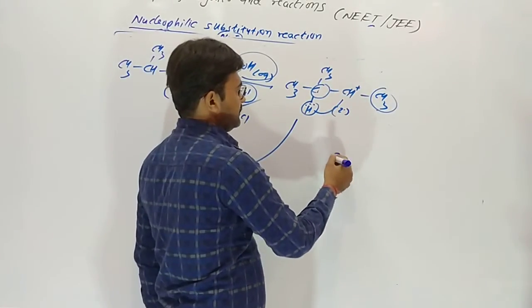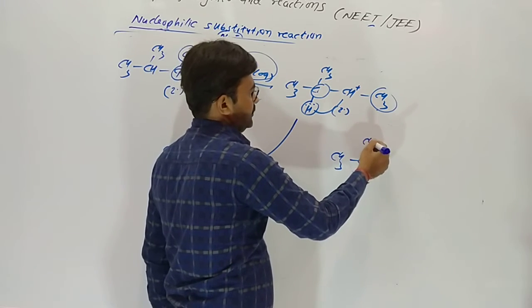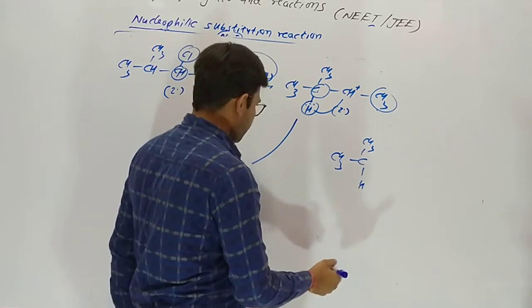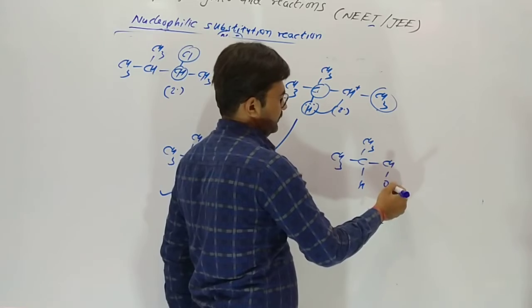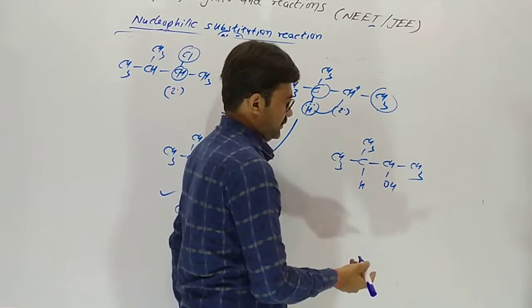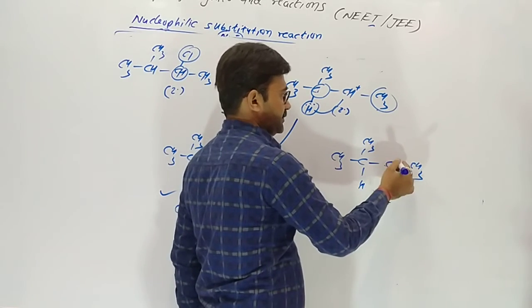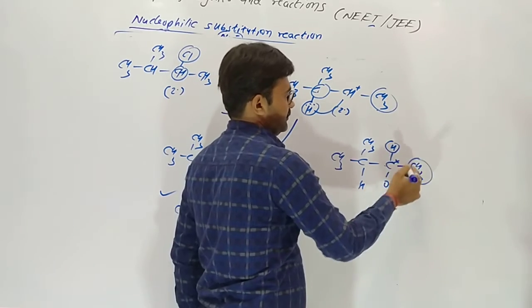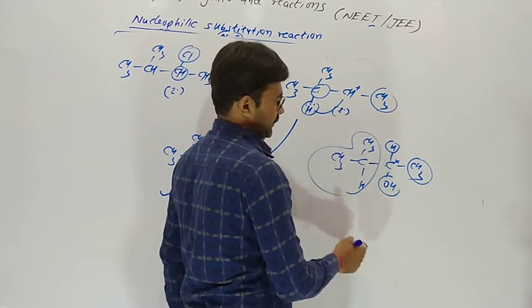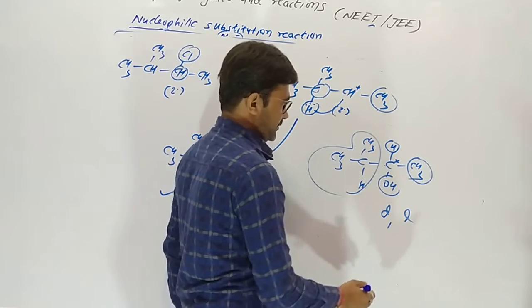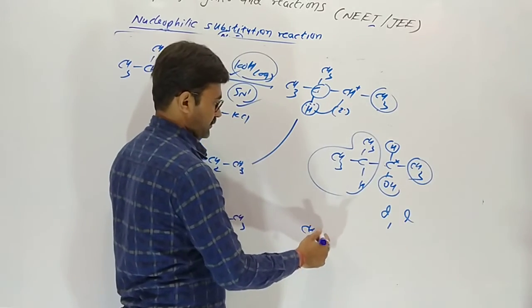But sometimes the OH group combines directly there. So this carbon is chiral, with H, methyl, OH and isopropyl. So it gives dextro and levo products also.